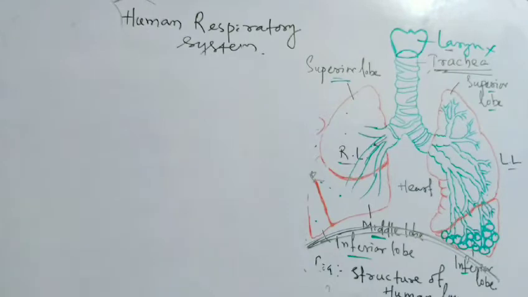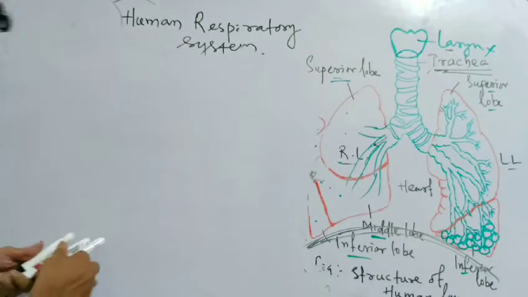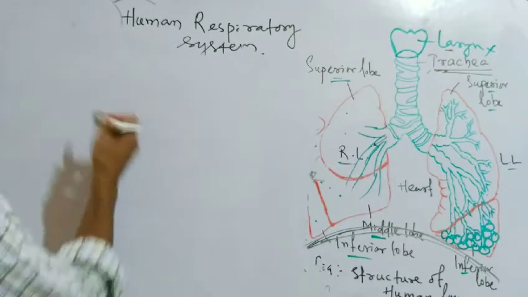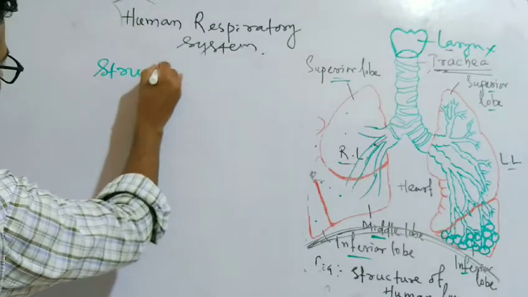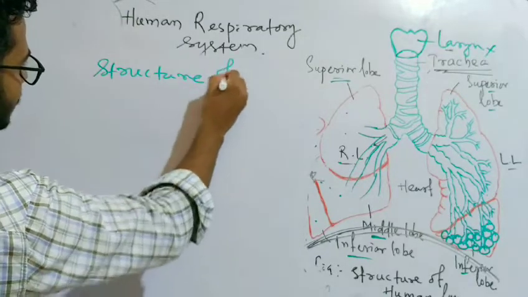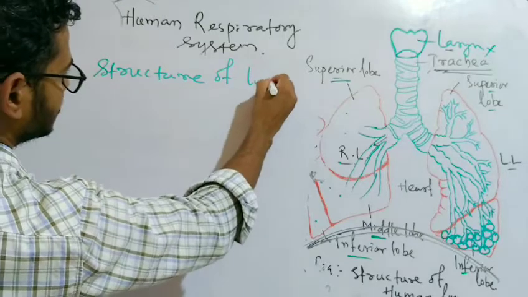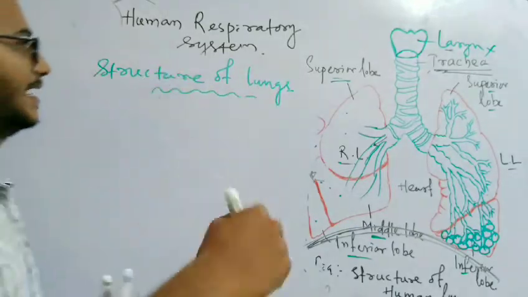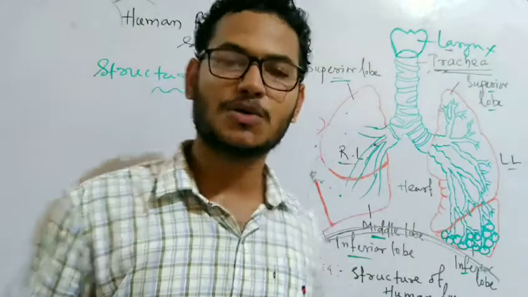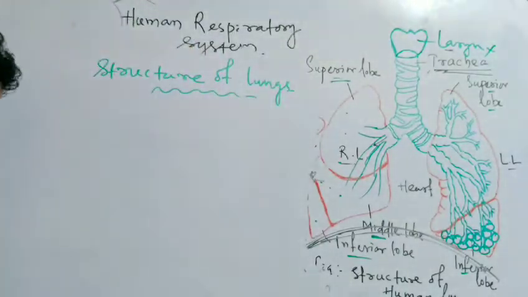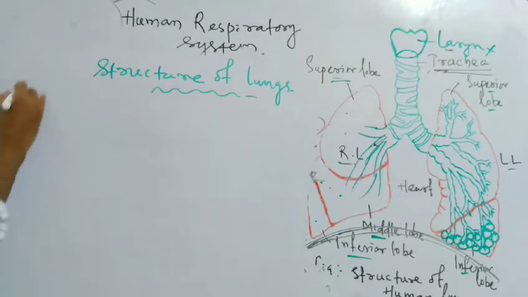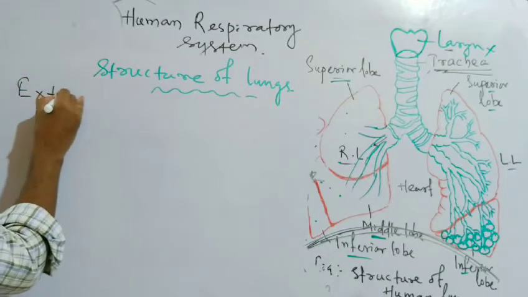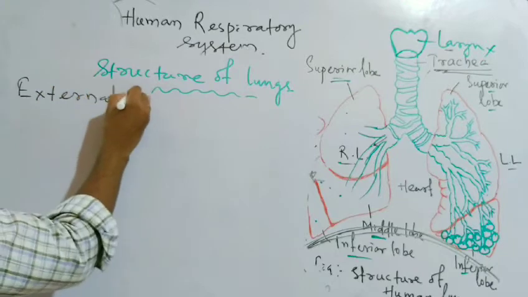Okay, so let's move on to the structure. The structure of the lungs is divided into two parts: the external structure or the morphological structure, and the internal or the anatomical structure. First we will discuss the external structure.